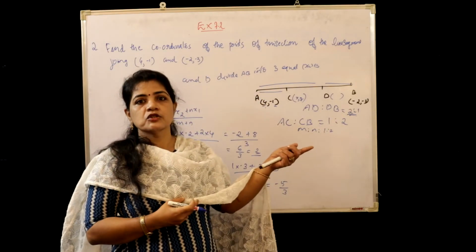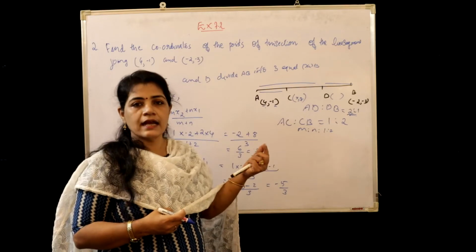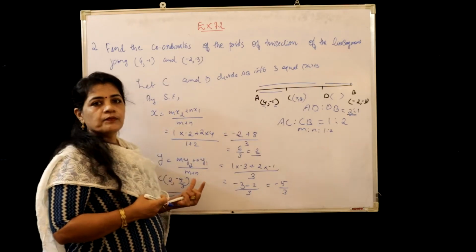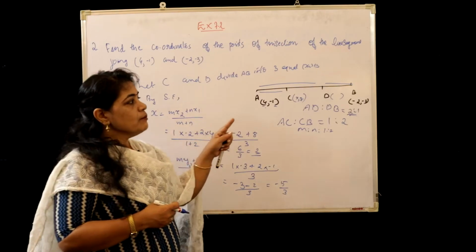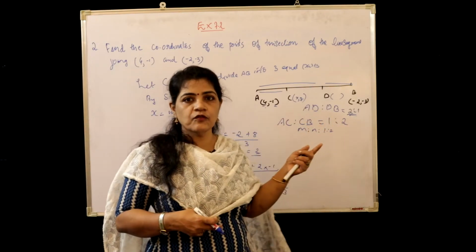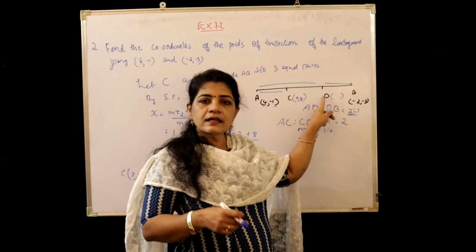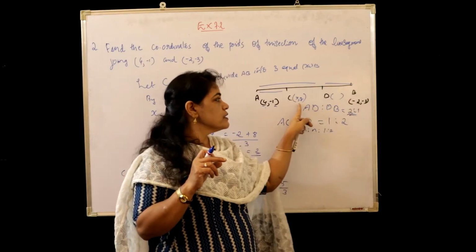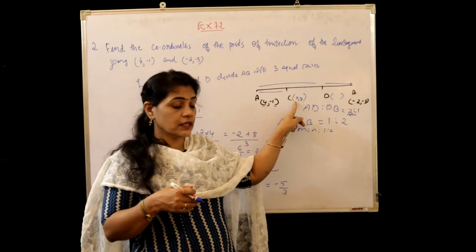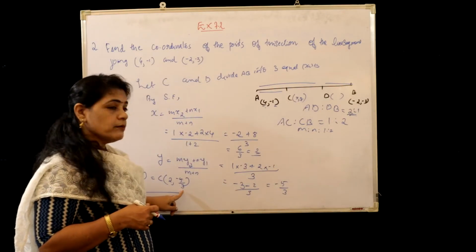Taking m as 2 and n as 1, by using the same formula, you can get it. But I would say the midpoint concept would be a little easier for you, because it is very clear that D is the midpoint of CB. Now we have the coordinates of C, that is 2 and minus 5 by 3.